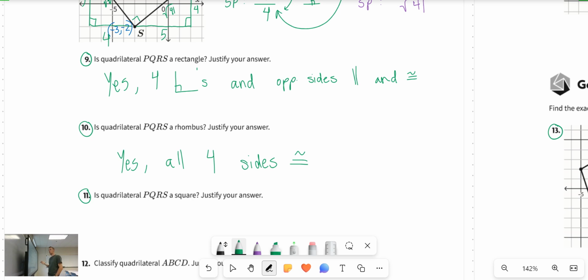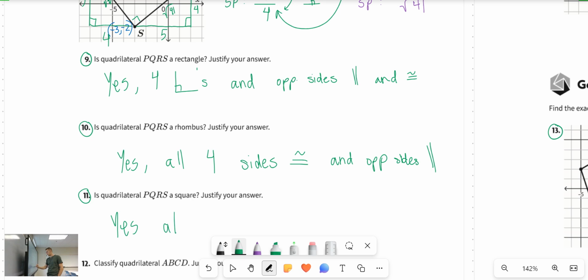And rhombuses or rhombi, any rhombus is a parallelogram, so all 4 sides congruent and opposite sides parallel.